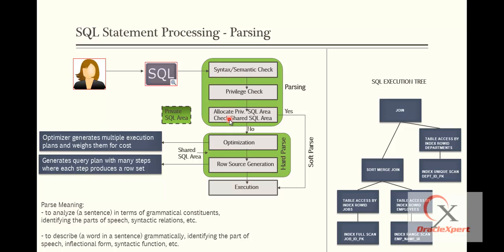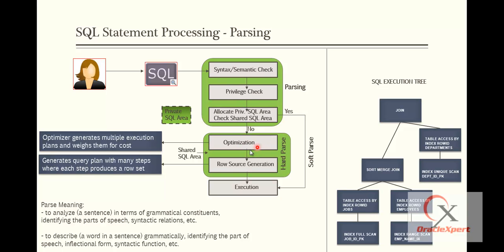Not within SGA, within the library cache itself. SGA would be too generic a term to say. So within SGA, within shared pool, that particular memory would be allocated for even the private SQL areas.